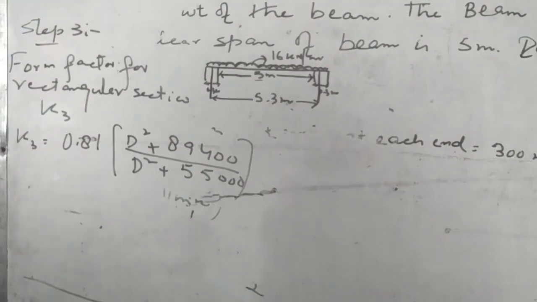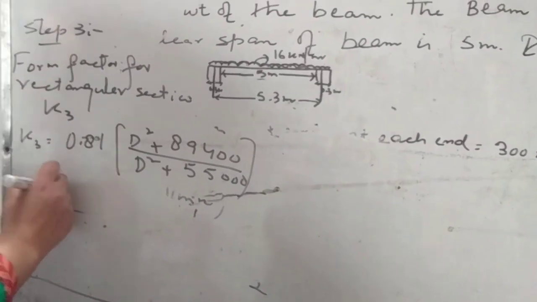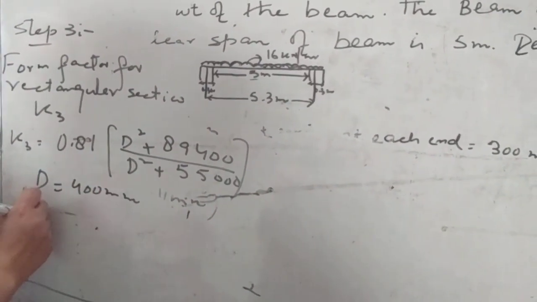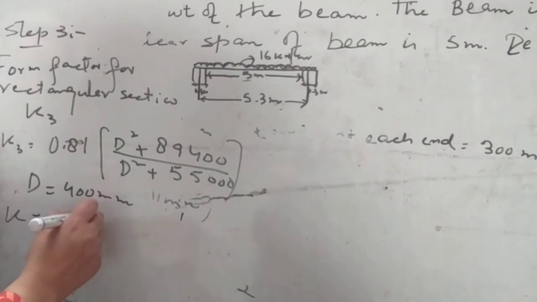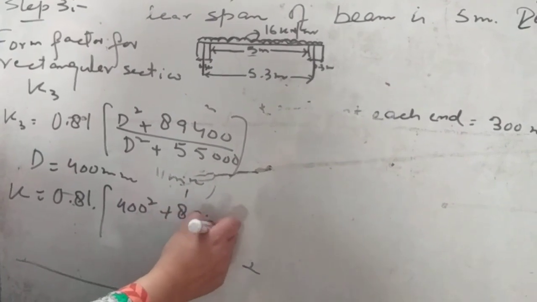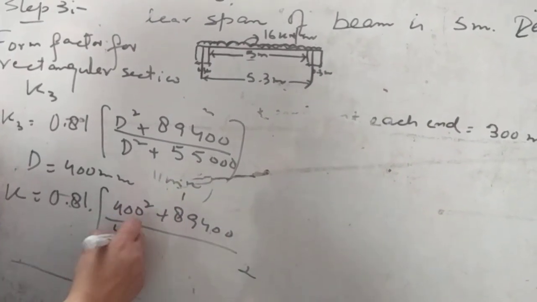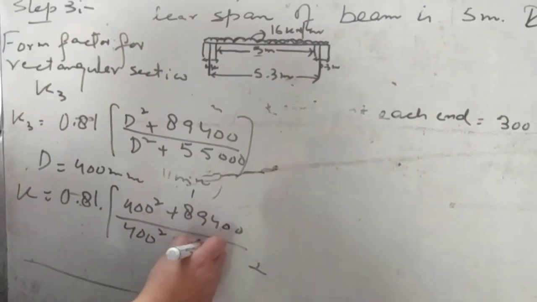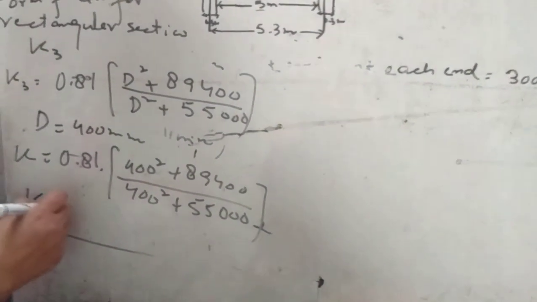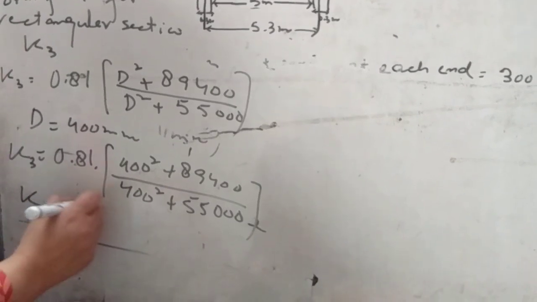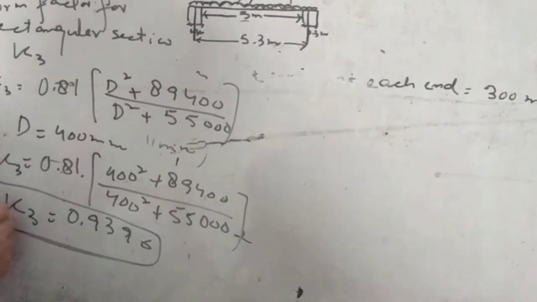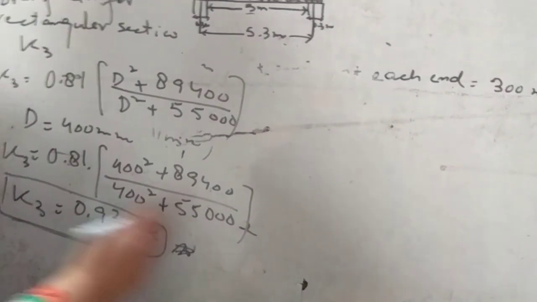Here d is the depth of the beam, which we will assume as 400. So substituting the value of d as 400 square plus 89400, on calculating you will get K3 as 0.9396. This is the value of form factor.